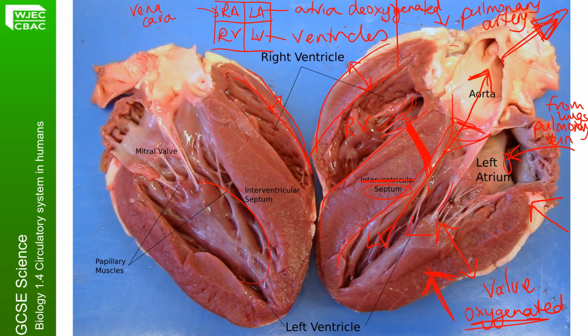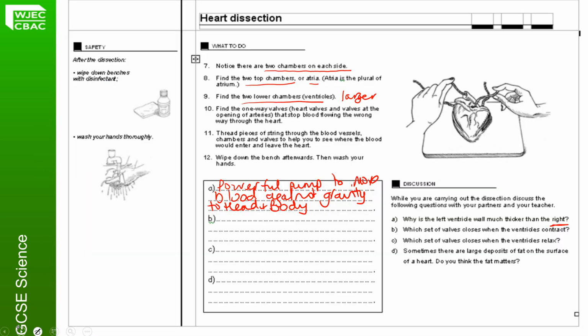Now we call these valves the bicuspid and the tricuspid valves. So the tricuspid valves are on the right of the heart, in the right ventricle, and the bicuspid are on the left, between the left atrium and the left ventricle. And these valves that are in the arteries, both the pulmonary and the aorta, are what we call the semilunar valves.